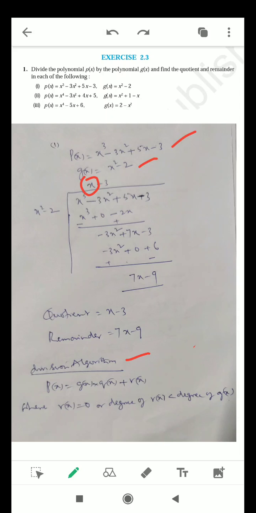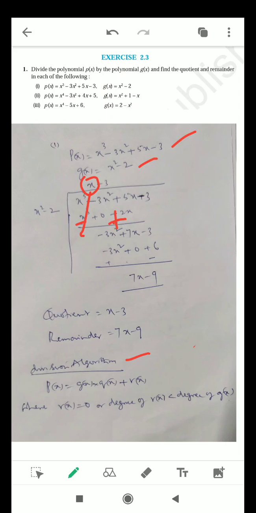So x into minus 2 is minus 2x. If I subtract this, this is minus, this is plus. So the 5x and 2x give 7x, and minus 3x square I have copied down as it is. Therefore the remainder is minus 3x square plus 7x minus 3. But x square is there, this also has x square. As I told you, this is the remainder r of x, this is g of x.